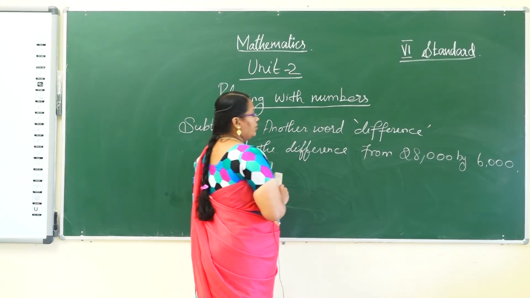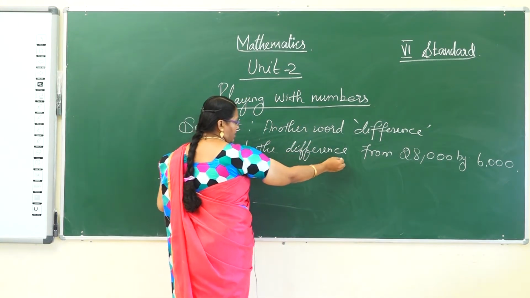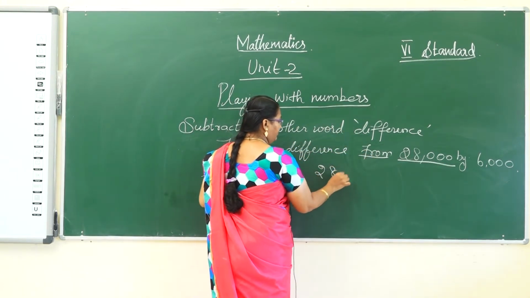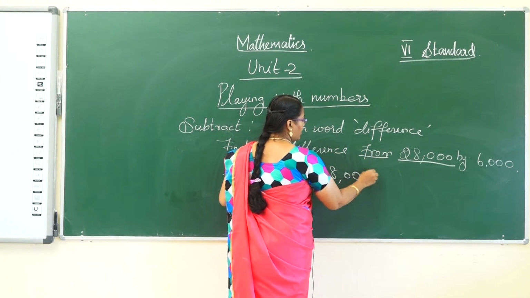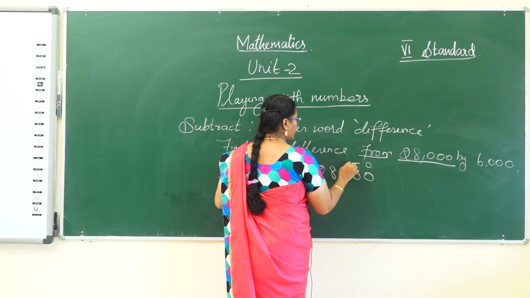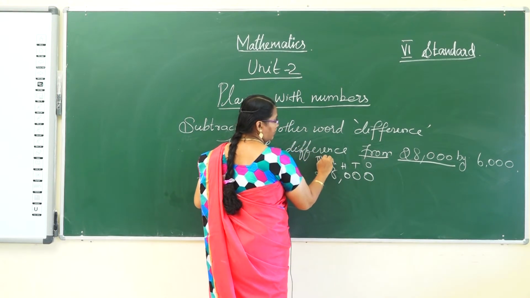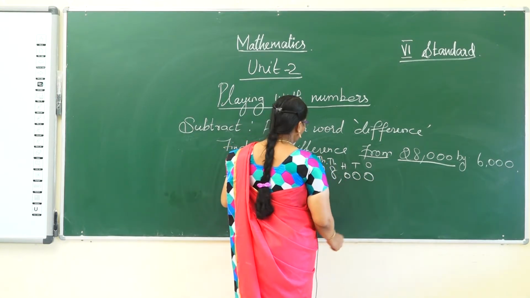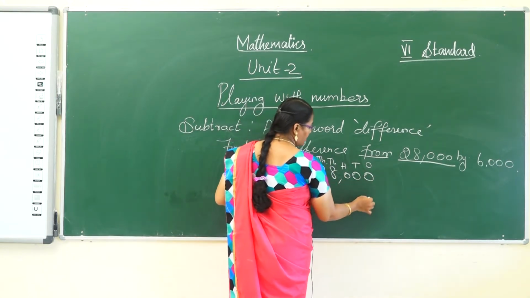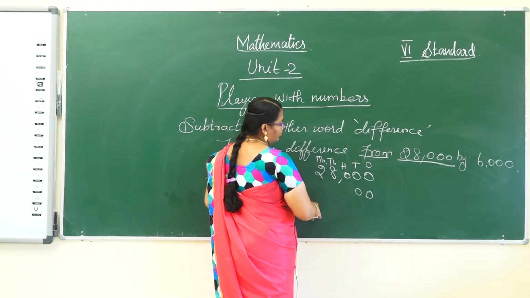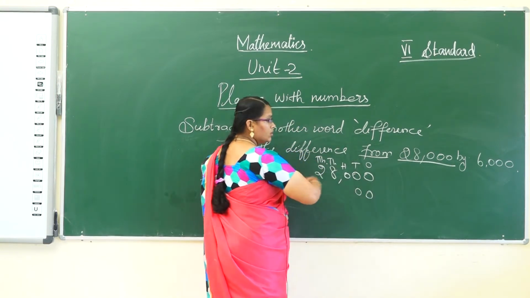The number we subtract from is given, so from 28,000. Here also write ones, tens, hundreds, thousands, ten thousands. The number being subtracted, the difference value, is 6,000. Write it from ones to thousands.